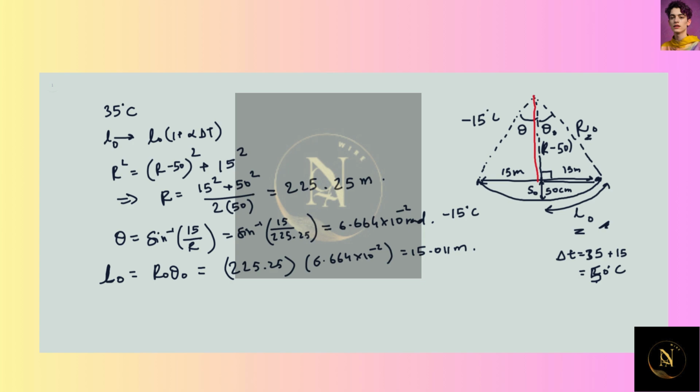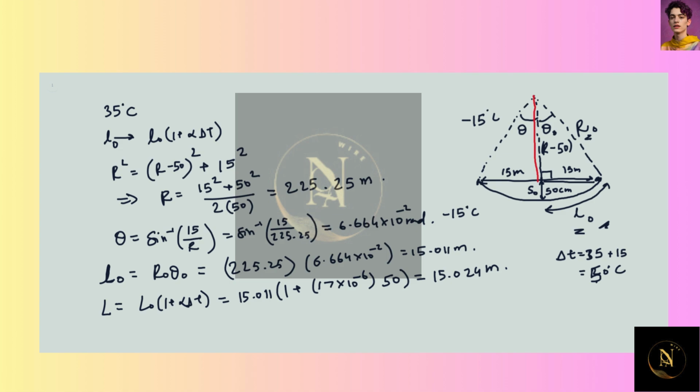Now, we know that the new length L is L naught times (1 plus alpha delta T), which is 15.011 times 1 plus, where alpha in this case is 17 times 10 power minus 6. We can simply look it up in a table, times 50, which is 15.024 meters. It's a very small difference.